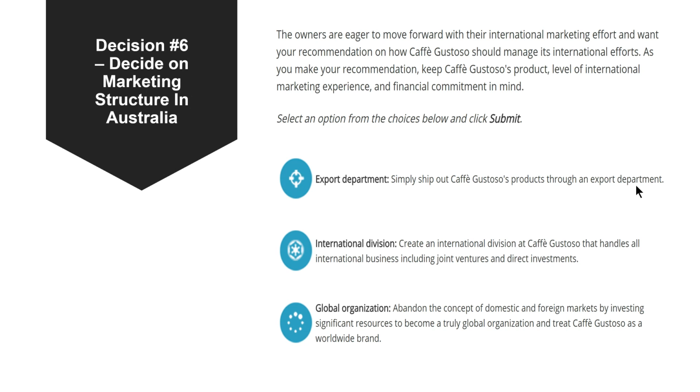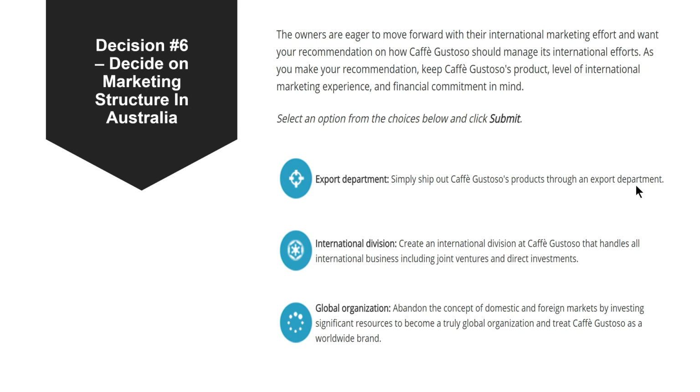Or are they going to have an international division, creating an international division at Coffee Gustoso that handles all their international business, including joint ventures and direct investments? So they could create that international division in Australia or in the US. Or are they going to have a global organization where they abandon the concept of domestic and foreign markets by investing significant resources, and so everything is there in that country?